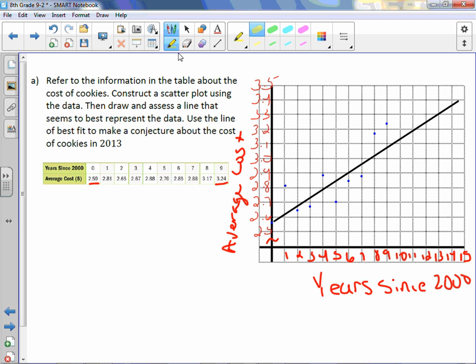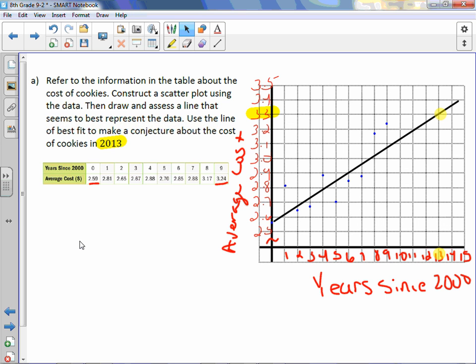Now let's make a conjecture. We want to know in 2013. Well, the years since 2000, year 0 would be 2000, and 2013 would be year 13. So if we go up to our line, we have right here, follow it over, the price of cookies would be about $3.30.